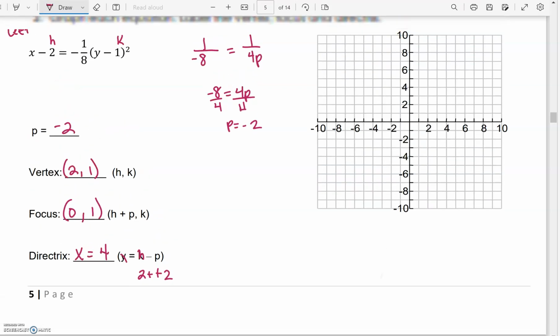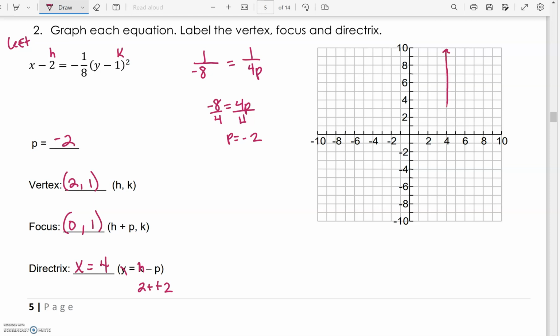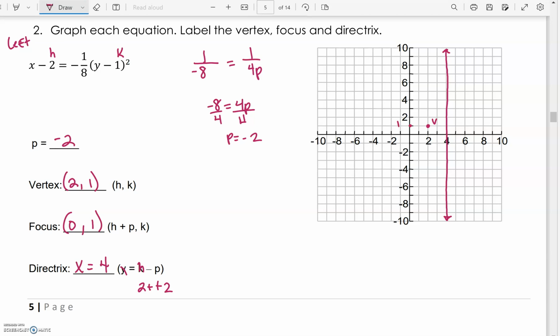There we go. So we are going to go through 4 on the X-axis and draw that vertical line. We are going to have a vertex at 2, 1. There's our vertex. And then we're going to have at 0, 1, our focus.